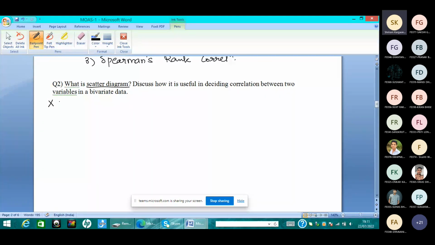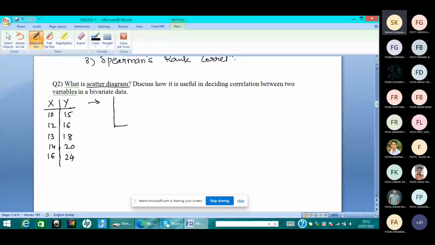Suppose this is the data I'm having. This is random data I'm preparing here, and now I want to plot it on the XY axis.